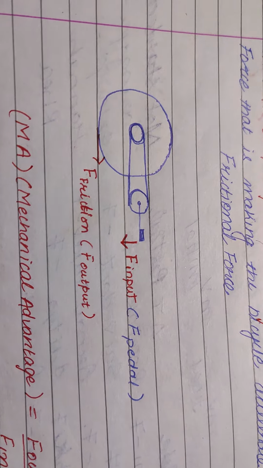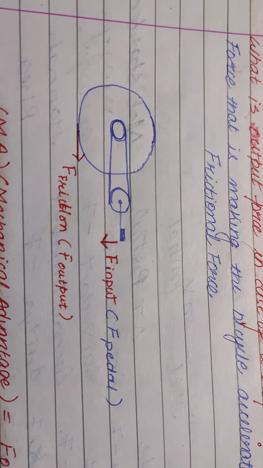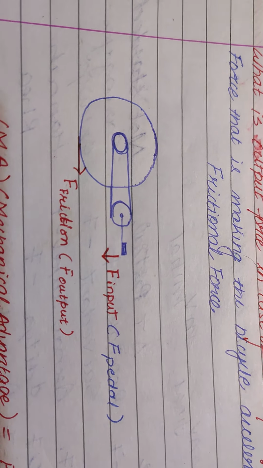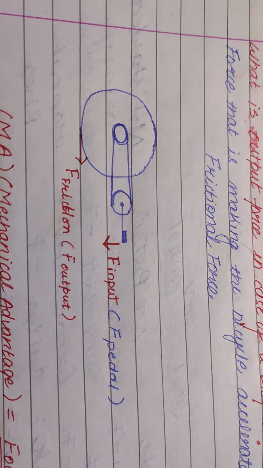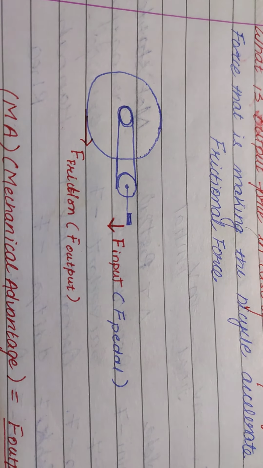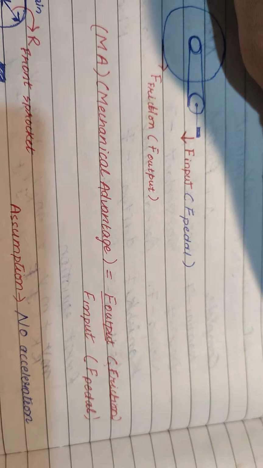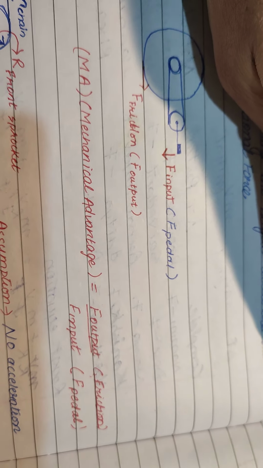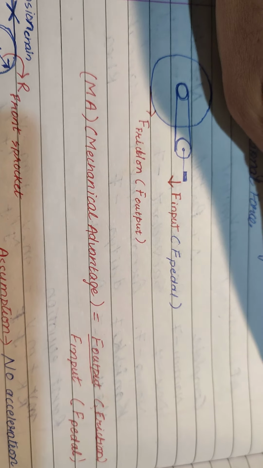In this diagram the pedal is being pushed, and that's the input force we are supplying, and ultimately it is the friction because of which the bicycle moves forward. So if we can calculate the ratio of the friction force and the input force, then we have calculated the mechanical advantage. As we have already seen, mechanical advantage is F output upon F input, which in our case is friction upon the force that we are applying on the pedal.